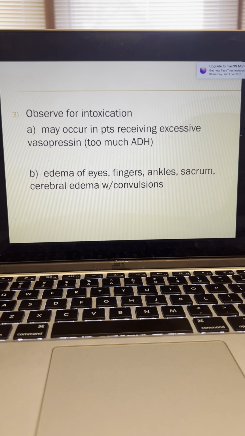You want to observe for water intoxication. It can occur if patients are receiving excessive amounts of ADH. You will see edema around the eyes, fingers, ankles, sacrum, cerebral edema, even with convulsions.